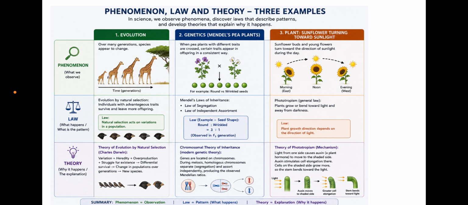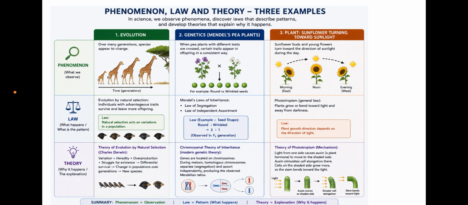The next one is evolution. That is explained by the natural selection theory, which explains that genes are responsible for creating variations, and organisms which have useful variations get adapted to the new environment or to the existing conditions.